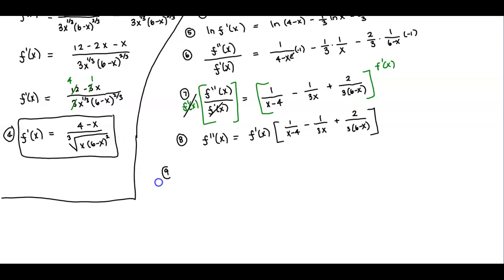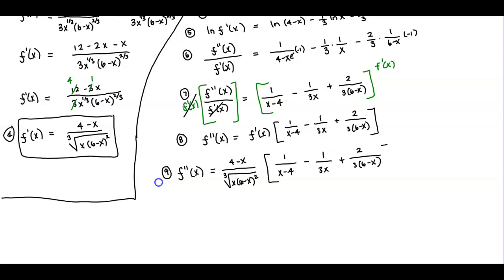So, step 9, we have the second derivative is equal to (4 minus x) over the cube root of x times (6 minus x) squared. And then we're multiplying it by those three terms: 1 over (x minus 4) minus 1 over 3x plus 2 over 3 times (6 minus x).